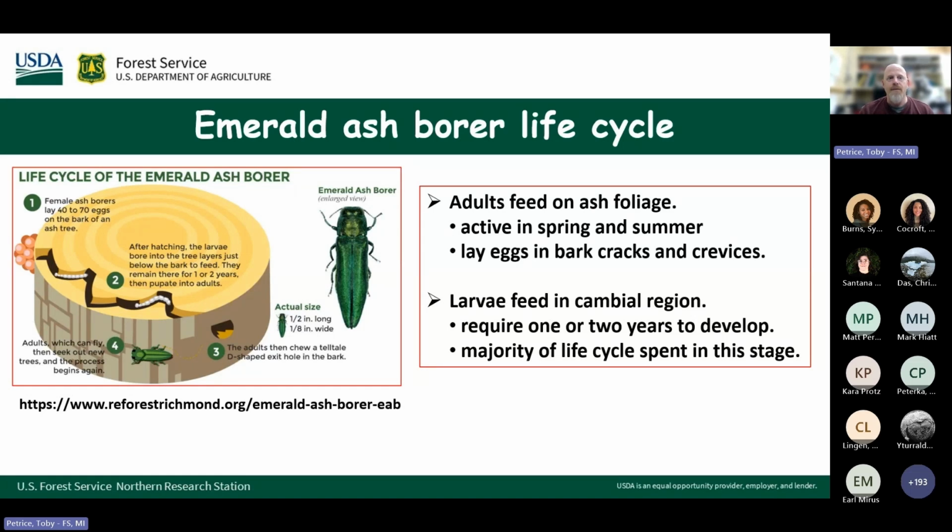So if the insect is on a 1 year life cycle, they'll spend about 9 to 10 months in the vascular tissue, but more often than not, they actually require 2 years to develop and could then spend like 22 months in the vascular tissue. The adults emerge in the summer, but are short-lived, and also the eggs. So this makes managing emerald ash borer quite a challenge.